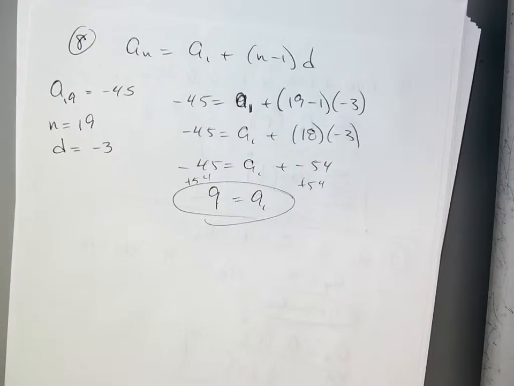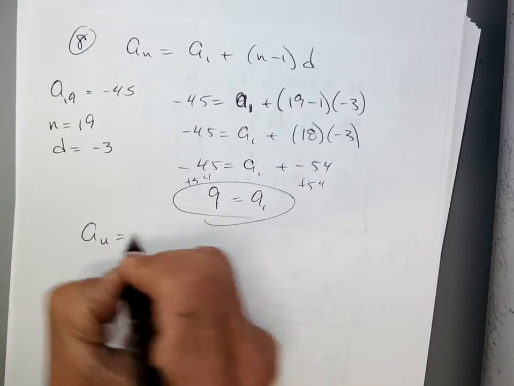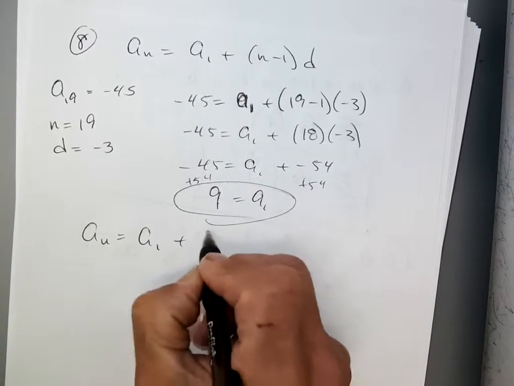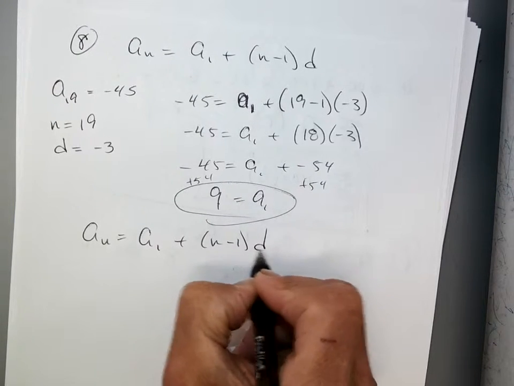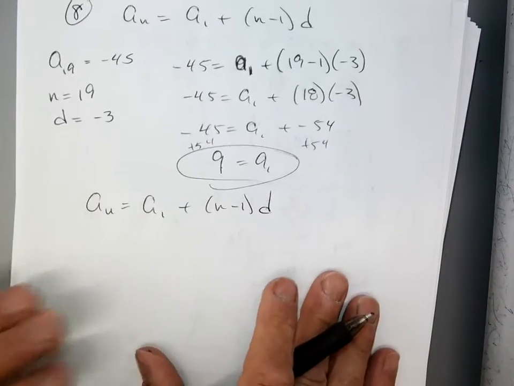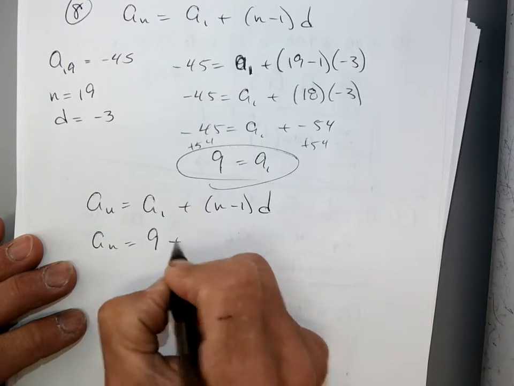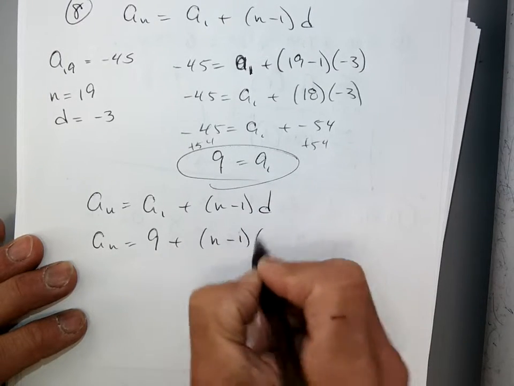Now let's write the rule. It's just A of n equals A1 plus n minus 1 times D, right? So let's use the formula. A of n equals 9 plus n minus 1 times negative 3.